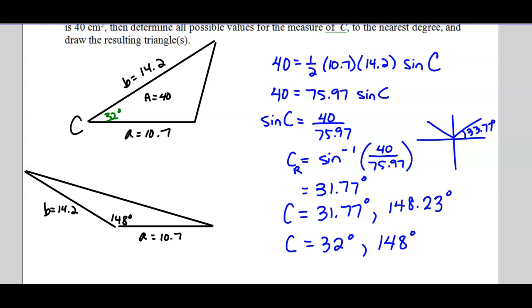Oh, should I do that in general? How can we get the third side?